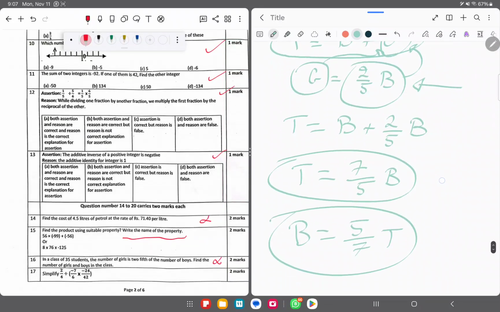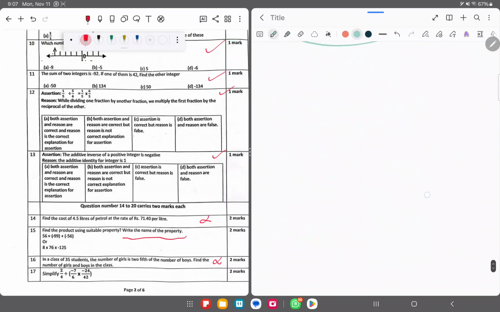So we can try and summarize, because this one is getting too messed up. T is equal to B plus G, and then T is equal to B plus 2/5B. We need to organize stuff.